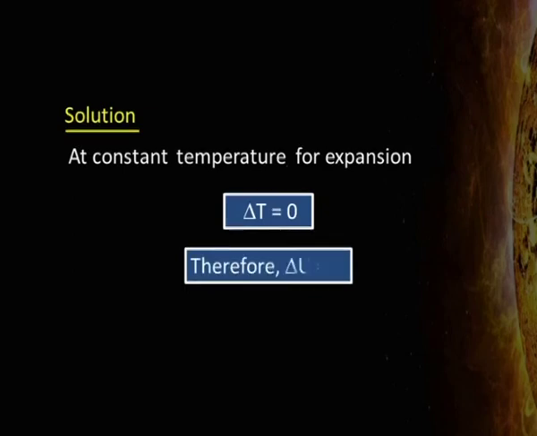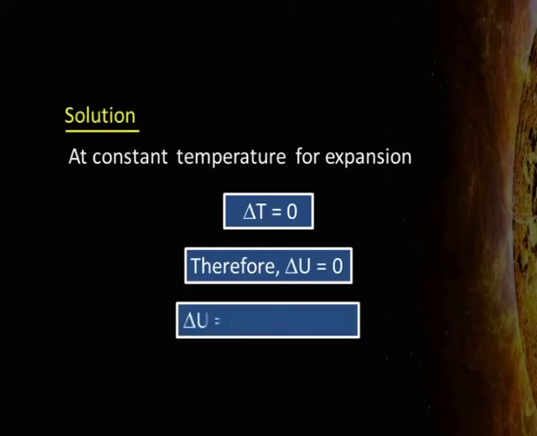At constant temperature, for expansion, delta T is equal to 0. Therefore, delta U, that is change in internal energy, is also equal to 0. We also know that delta U is equal to nCV into delta T, which is equal to 0. Here, value of n is equal to 1.